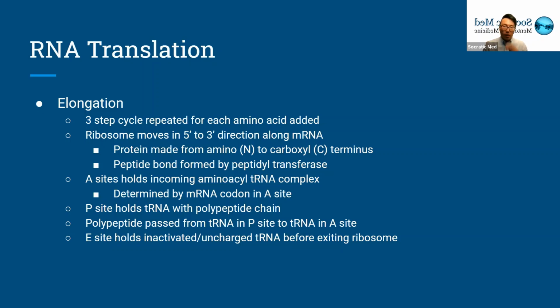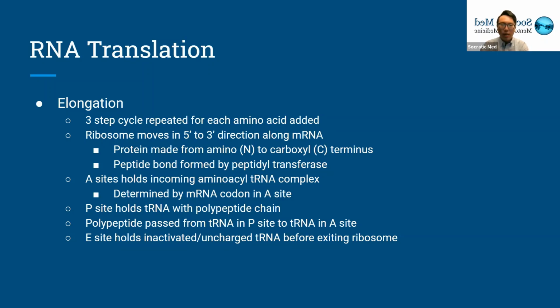Once the amino acid from the tRNA is added onto the polypeptide, the polypeptide is passed from the tRNA in the P site to the tRNA in the A site. So each time an amino acid is added, the tRNA will transfer the polypeptide to the next tRNA in the A site, and then that tRNA will be moved into the P site.